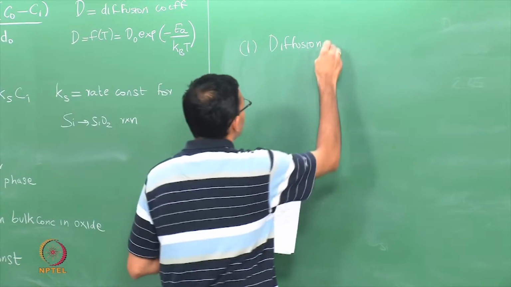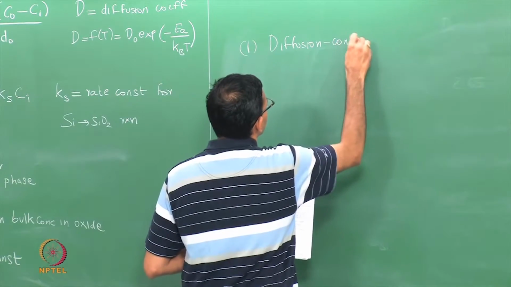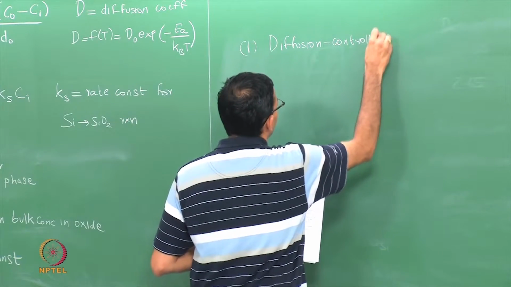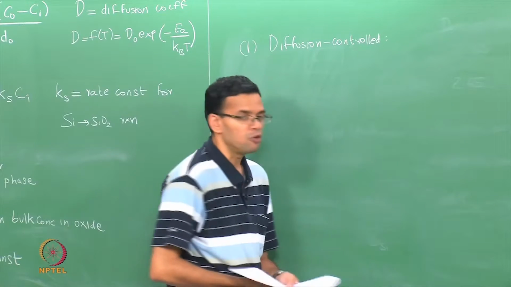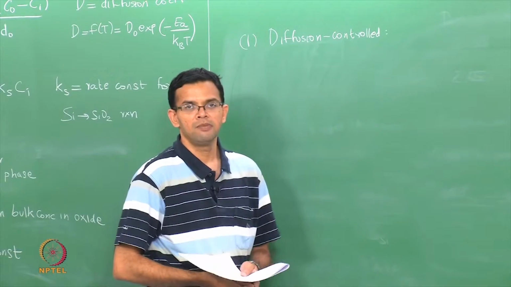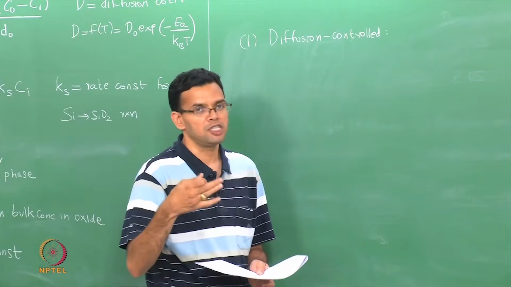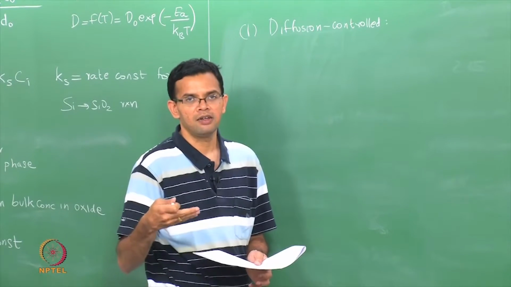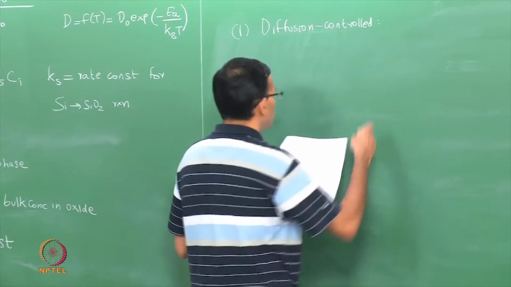This is called a diffusion controlled case, or simply diffusion controlled growth. In here, the rate limiting step is the diffusion of the species through the oxide layer to the silicon interface.